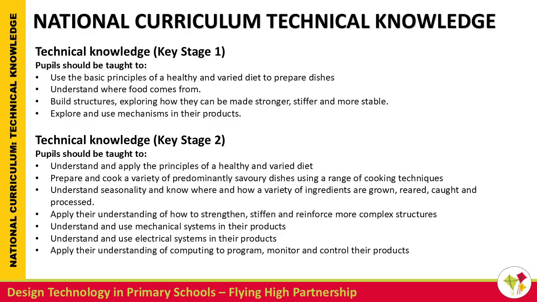The technical knowledge in Key Stage 2 builds upon children's knowledge and experiences in Key Stage 1 in the areas of cooking and nutrition, using the basic principles of a healthy and varied diet to prepare dishes and understand where food comes from, creating products from sheet materials and textiles, building structures and exploring how they can be made stronger, stiffer and more stable, and exploring and using mechanisms in their products. Key Stage 2 also introduces new technical knowledge around 2 additional strands of learning: electrical systems and programmed systems.